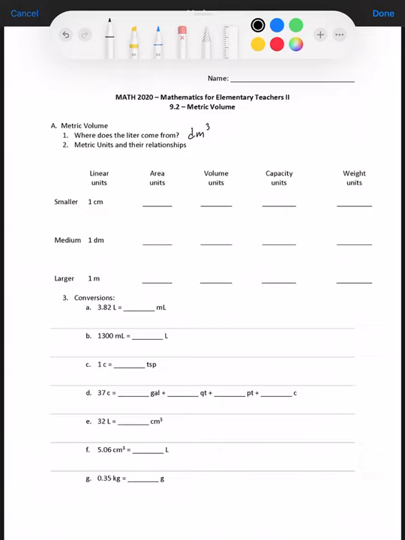Whatever amount of liquid fills this container, we're going to call a liter. So a liter is the amount of liquid in a decimeter cubed.